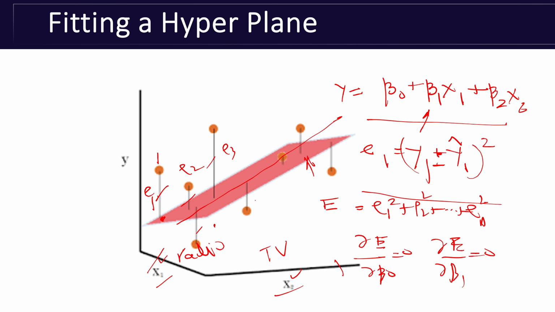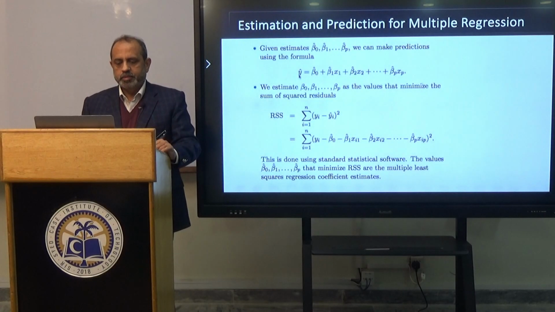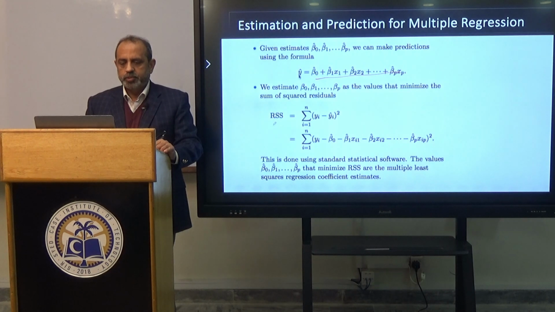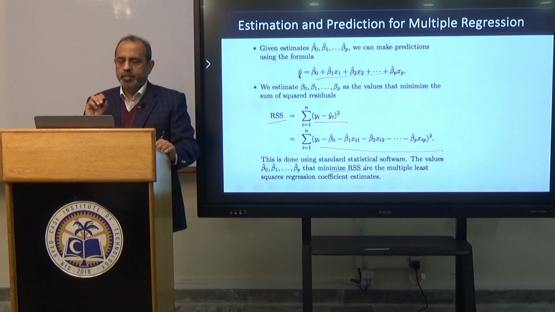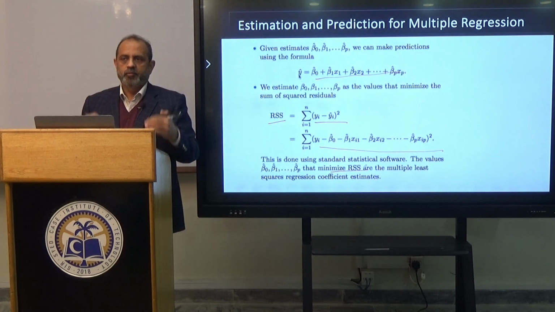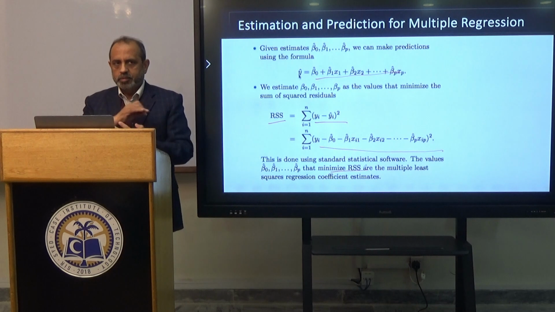This is the residual sum of squared errors expression, and you minimize it by taking partial derivatives and putting them equal to 0, formulating equations, finding out the unknowns, and putting in a plane.